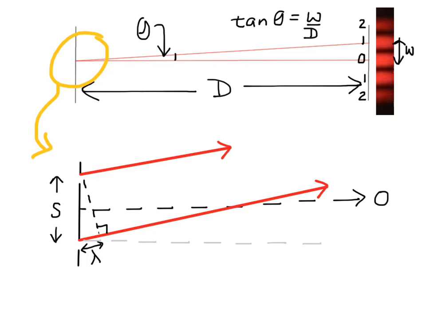So let's just draw that direction again. From the top diagram, we've got the angle theta here to the first bright fringe, the fringe number 1. We've got two parallel lines here, the dotted ones. So if this angle is theta, so is this one, alternate angles.